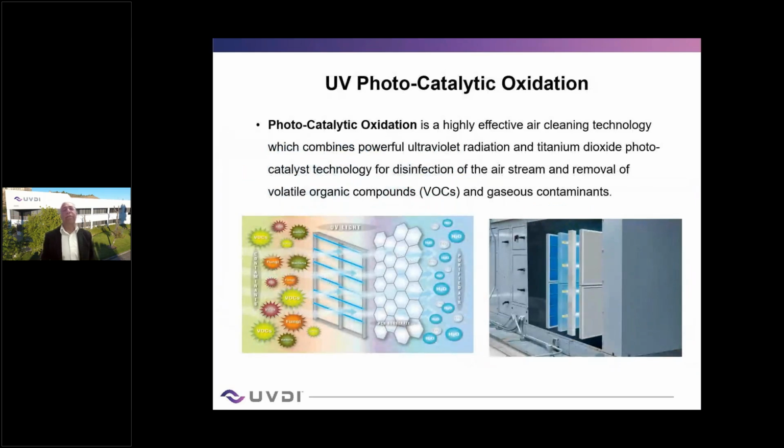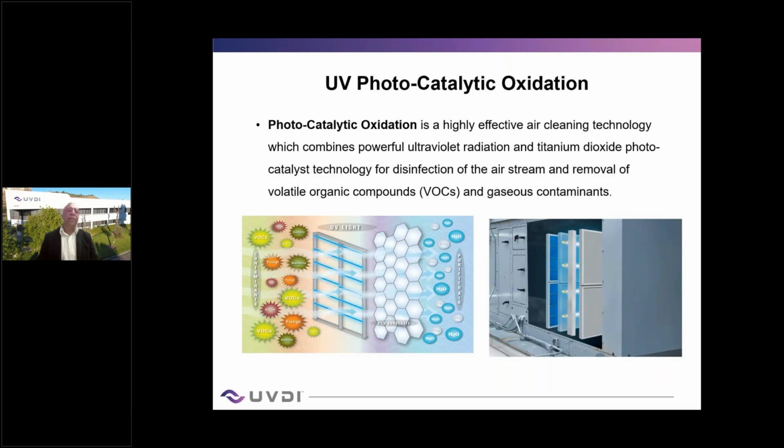So let's get into UV photocatalytic oxidation. Some of you may not be really familiar with how this technology works. It is a highly effective air cleaning technology which combines UV and a titanium dioxide photocatalyst to disinfect. So you have all these contaminants, VOCs coming in, and the UV light is shining on a photocatalyst.